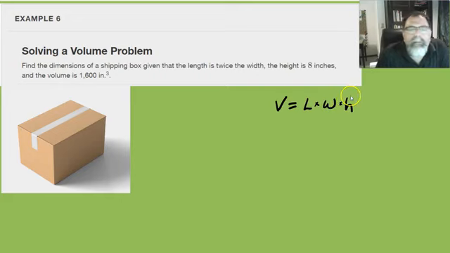You should use dots, not times. But anyway, what else do we know here? We'll call this the length, this the height, and this the width.